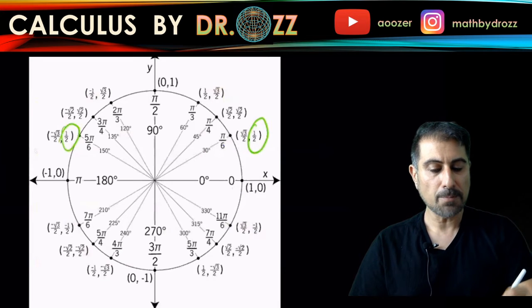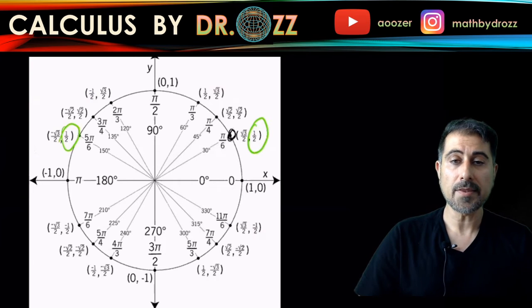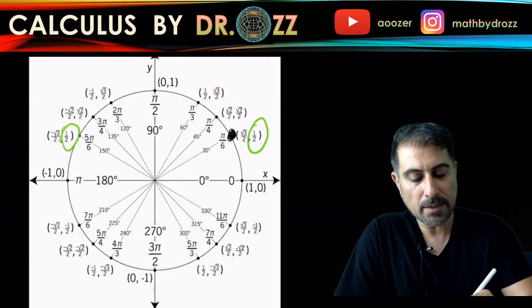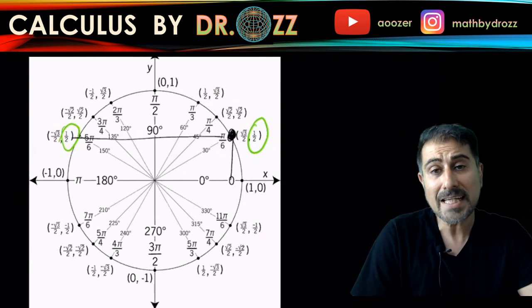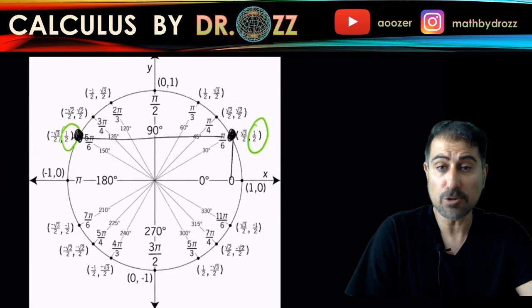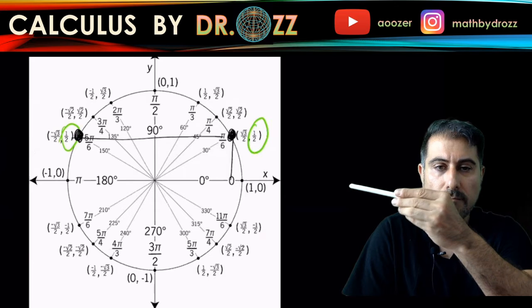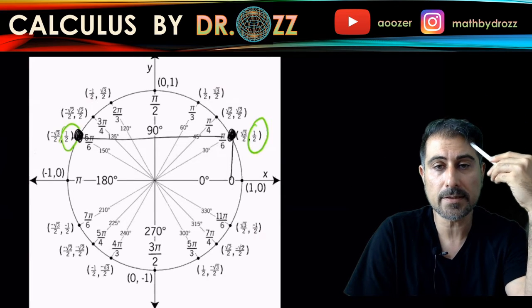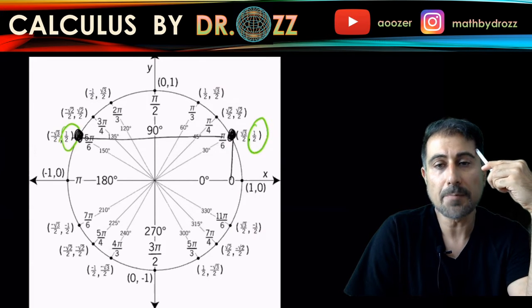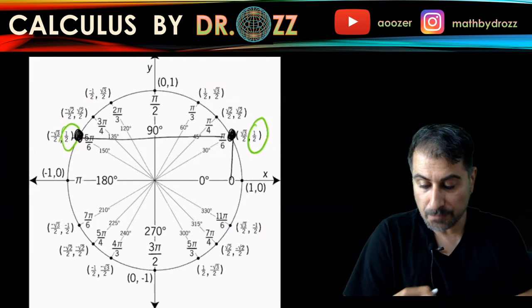If I have only pi over 6 coming out of my calculator, I would look for another theta value for which sine is 1/2. I would take the symmetry of that point, about the y-axis, because we still have the sine value to be positive 1/2. The symmetric version of that angle is pi minus pi over 6, that's 5 pi over 6. Anyway, this was a side note that could be helpful in the future.